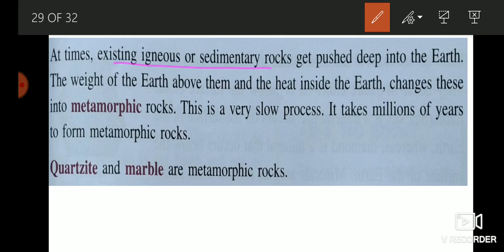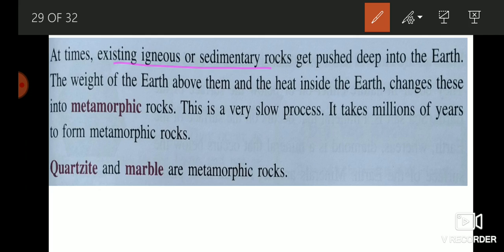At that time, accidentally, the existing igneous rocks and sedimentary rocks can go into the cracks, and they can go inside the earth surface. That means they can be pushed into the deep of the earth.